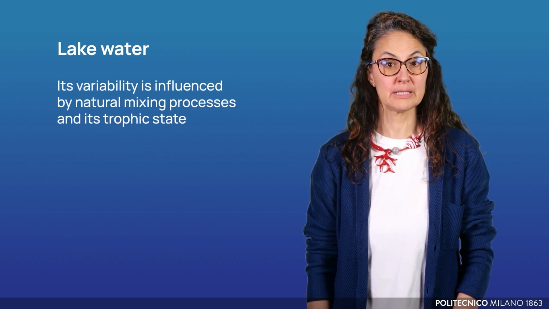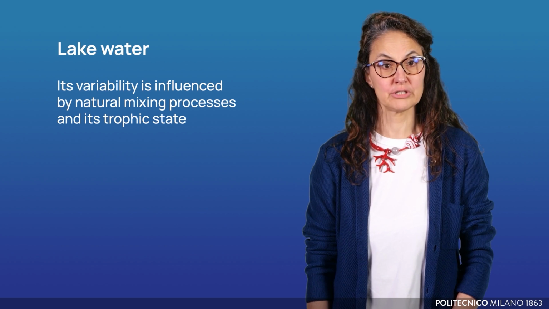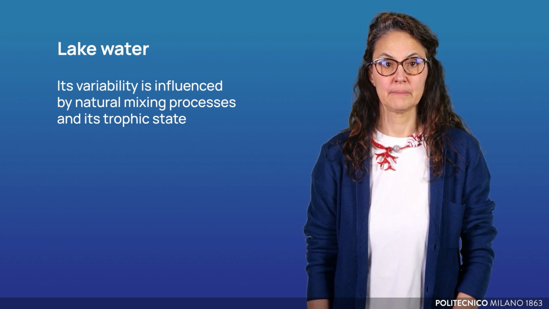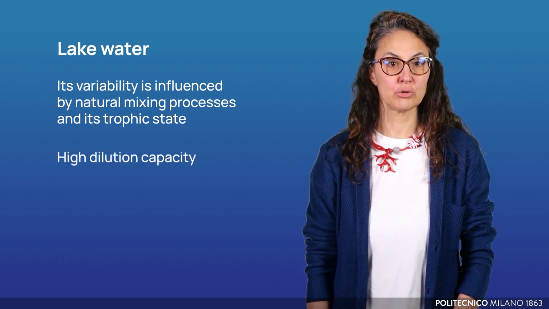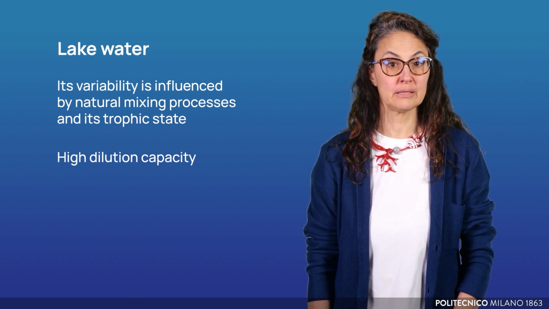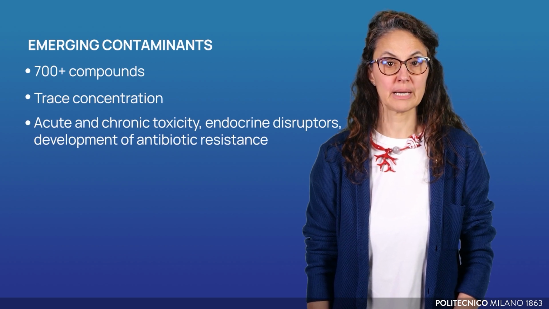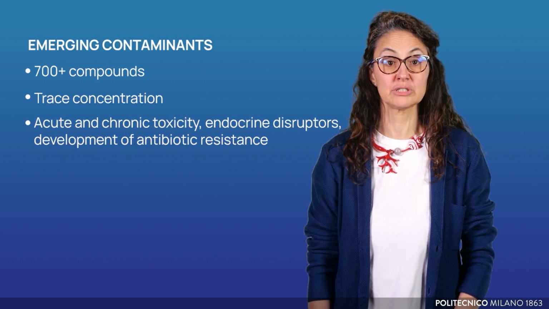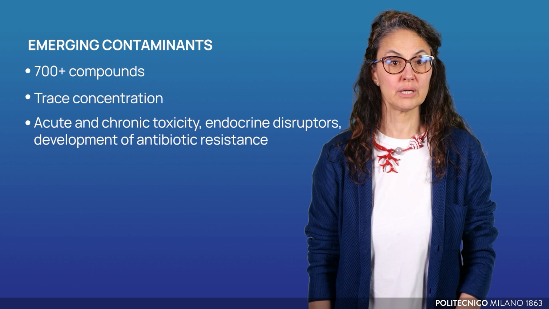Lake water is similar to river water, but its variability is influenced by natural mixing processes and its trophic state. Furthermore, due to their high dilution capacity, chemical contamination in lakes is often difficult to detect, especially in the case of emerging contaminants, whose toxicity can become evident even at extremely low concentrations, on the order of just a few nanograms per liter.